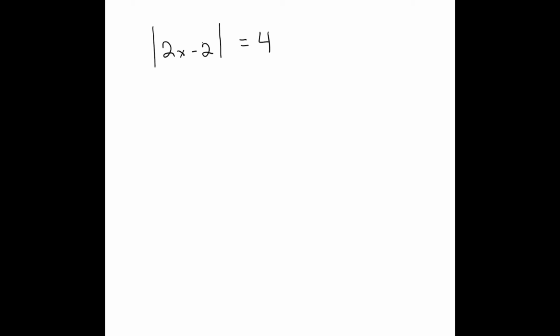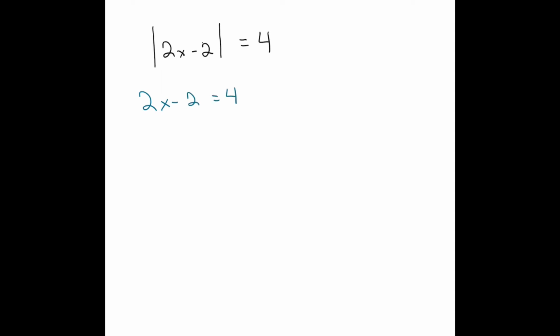So, in order to solve absolute value problems, you have to set them up in two ways. And both ways will require you to remove the absolute value symbol. So we have here the absolute value of 2x minus 2, and that's equal to 4. So the first way we can set that up is 2x minus 2 is equal to 4.